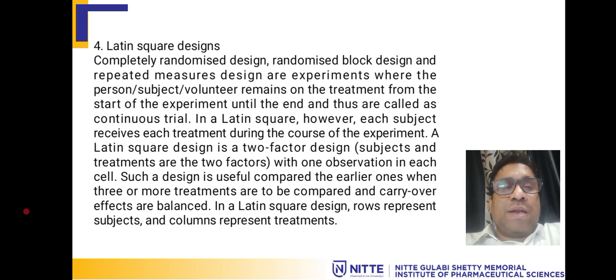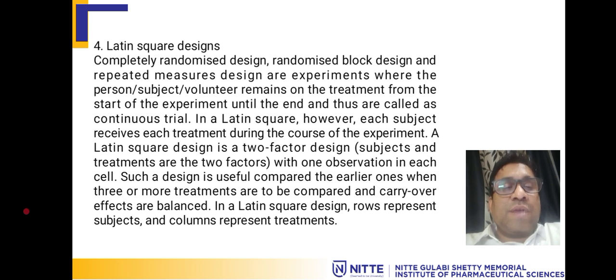A Latin square design is a two-factor design, subject and treatment, with one observation in each cell. Such a design is useful compared to the earlier ones when three or more treatments are to be compared and carryover effects are balanced.